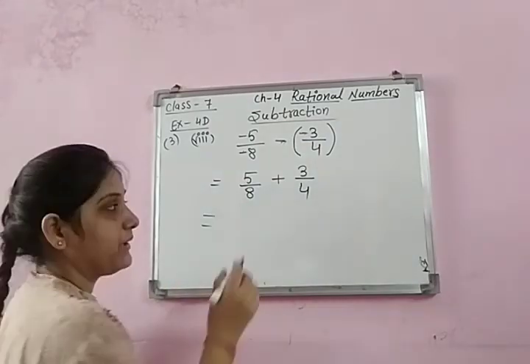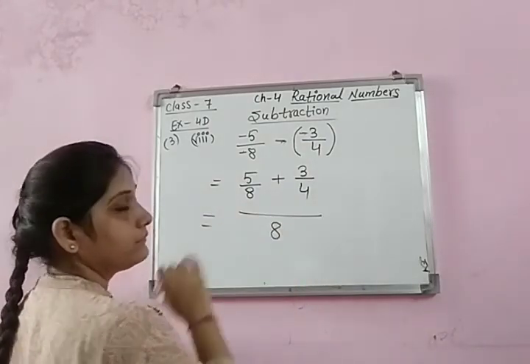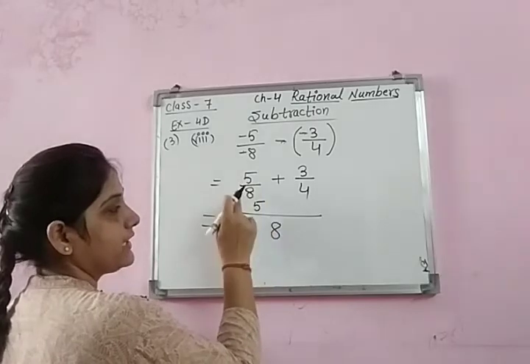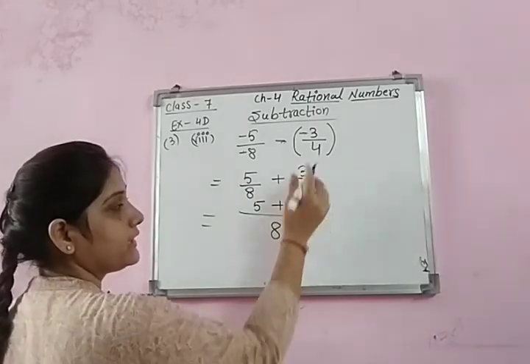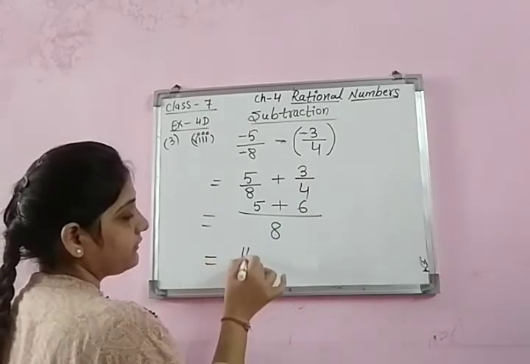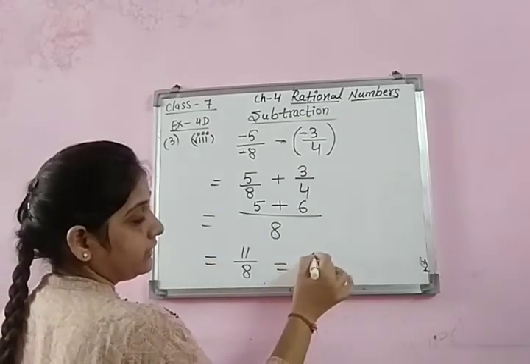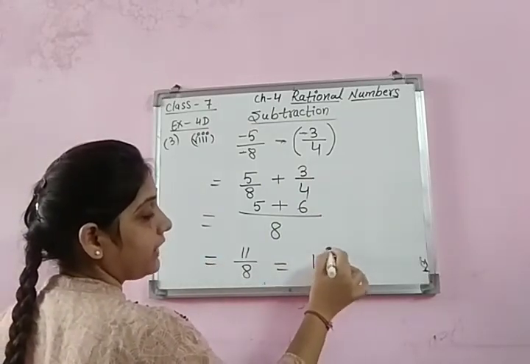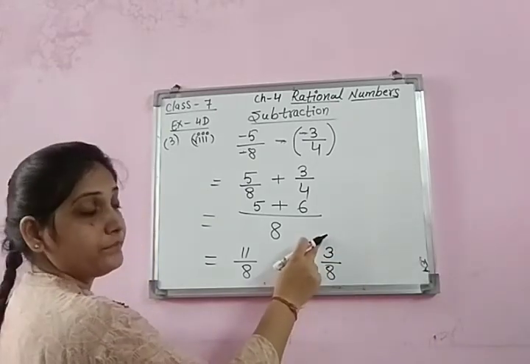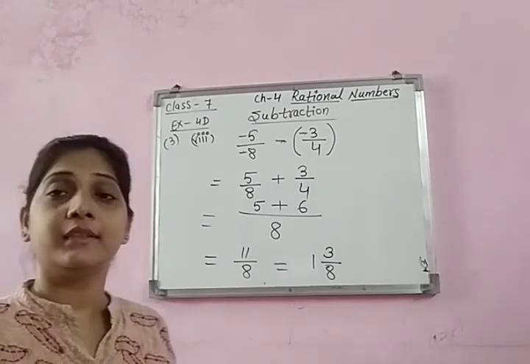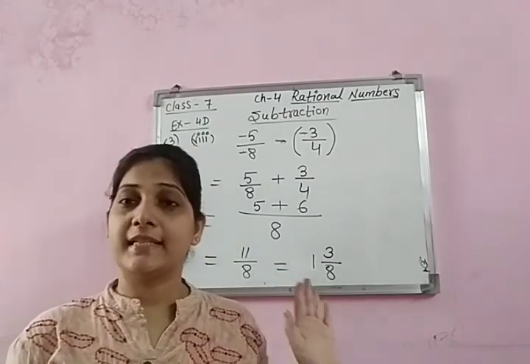So minus, plus. Now LCM 8. 5 remains as it is because 1 time 1 5s are 5. 4 2s are 8, 2 3s are 6. 6 plus 5 is 11 by 8. Write it in mixed fraction: 1 time, and 3 will be the remainder. So 8 1s are 8, plus 3 is 11. 1 and 3 by 8. So this is the correct answer.